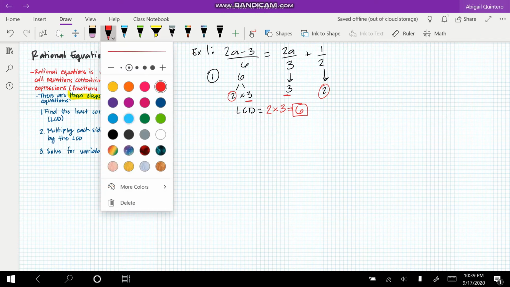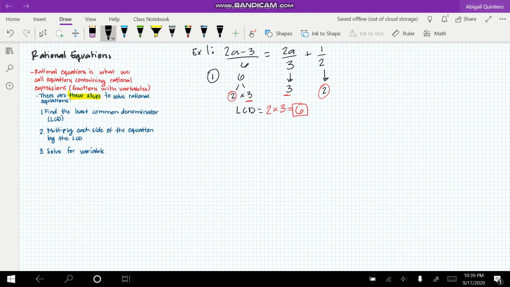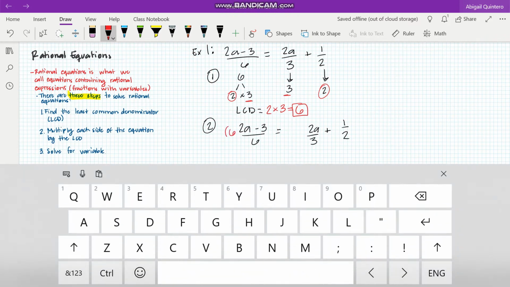Now you probably already knew this, but this is just a different way of finding the LCD. Okay. So for step number 2, we need to multiply every single term in the equation by the LCD, so by 6. So we have 2a minus 3 over 6 equals 2a over 3 plus 1 over 2. And then we're going to multiply every single term by 6.